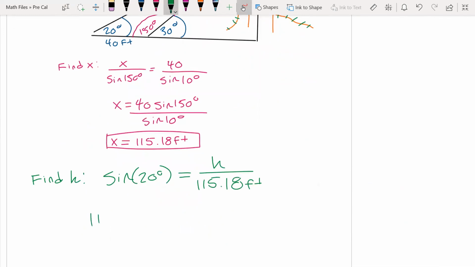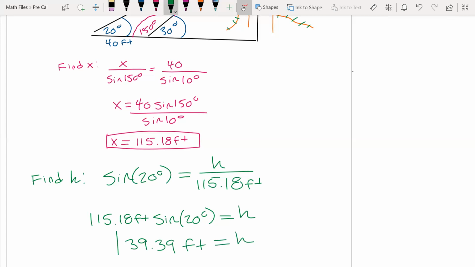Multiply that to the left side. And the height of this tree is 39.39 feet. Boom, boom, boom.